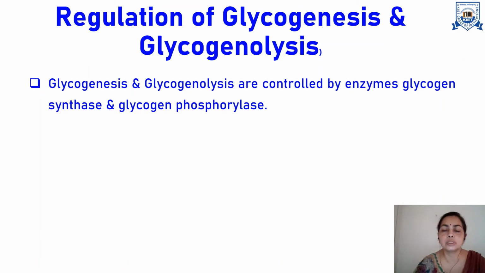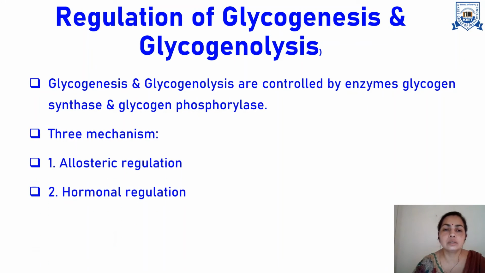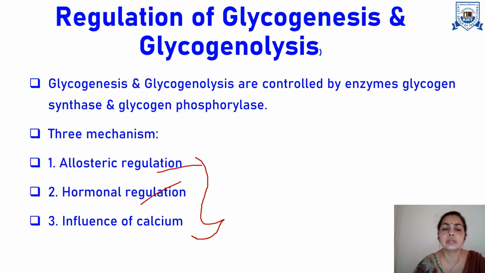This process takes place regularly in the body, and it needs to be regulated, and for that purpose three important regulating mechanisms are there: allosteric regulation, hormonal regulation, and the influence of calcium. In this way these two pathways can be controlled.